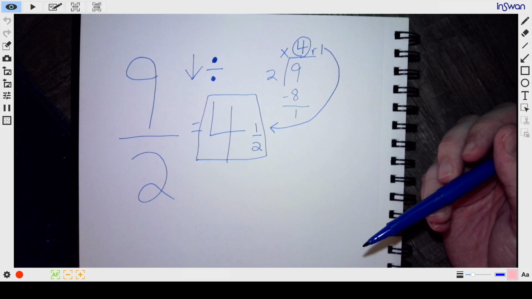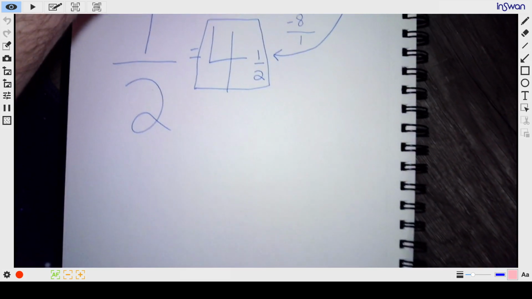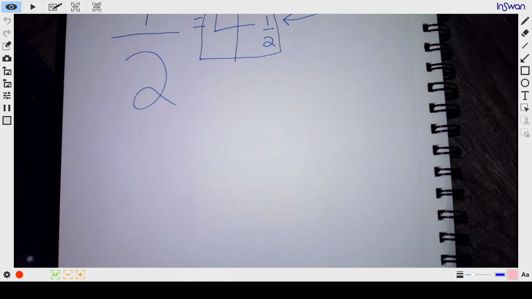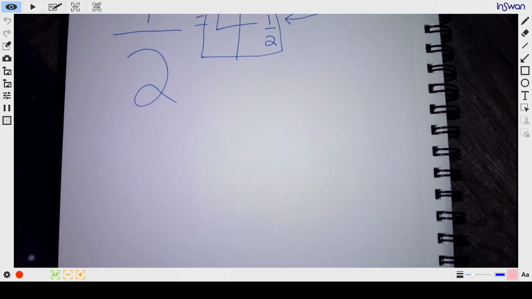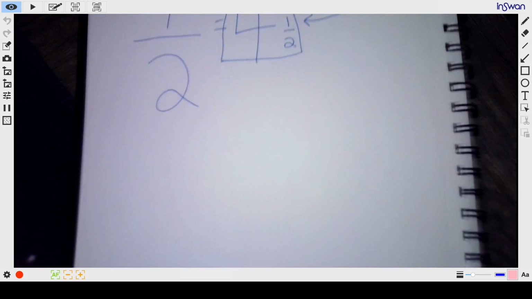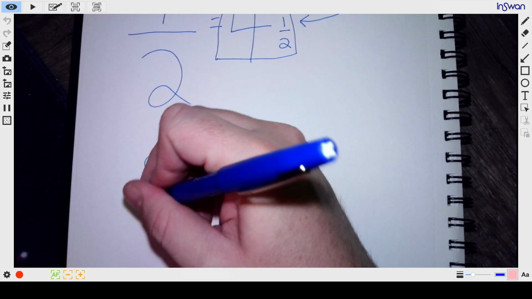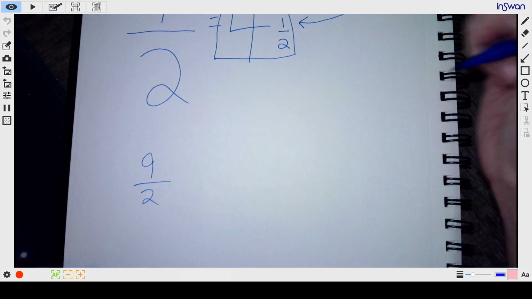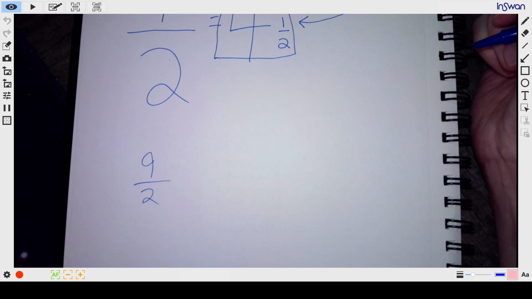You can use division. Another strategy is not to draw, you can draw a model like last time, but I'm going to show you an even different strategy for this one. So again, we have 9 halves, and I'm going to rewrite it. So 9 halves. What we can do next is we can break the fraction down. Another word is we can decompose the fraction.